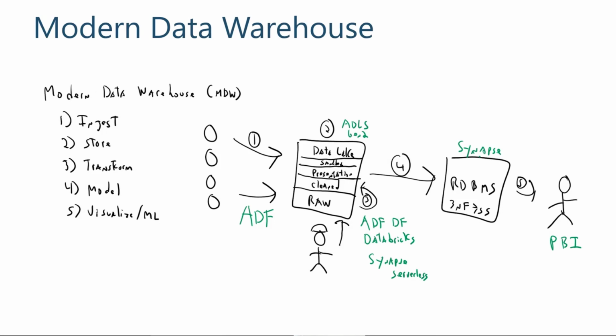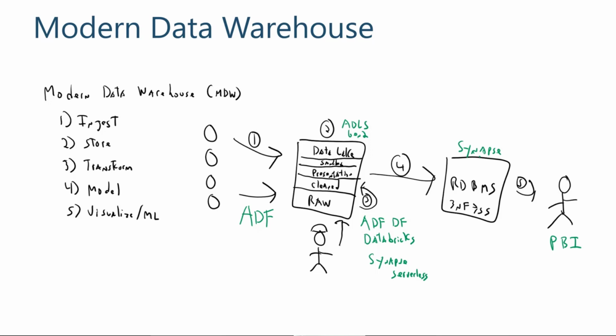If we look at the modern data warehouse, and I apologize for my whiteboarding, I usually whiteboard this. Think of the modern data warehouse as five areas. You ingest the data, you store it someplace in a data lake, and the data lake can have many layers, and that's a whole topic on its own. Inside the data lake, you have a raw landing zone, and then you need to clean the data.